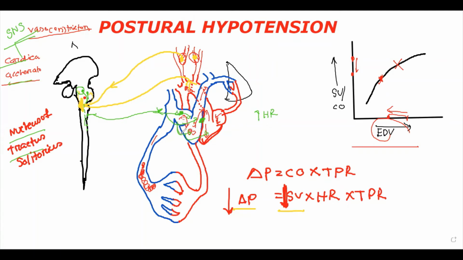And when the whole myocardium is activated by these sympathetic nerves, it will increase the contractility, and eventually increasing contractility will be translated into increasing stroke volume.